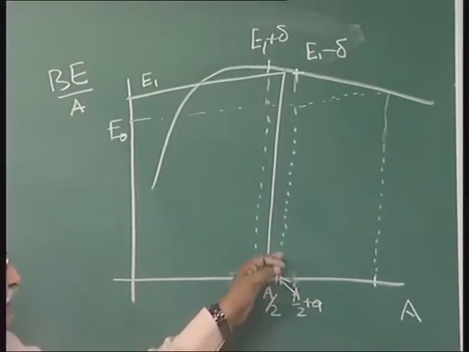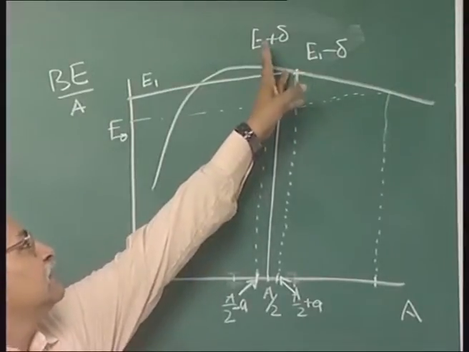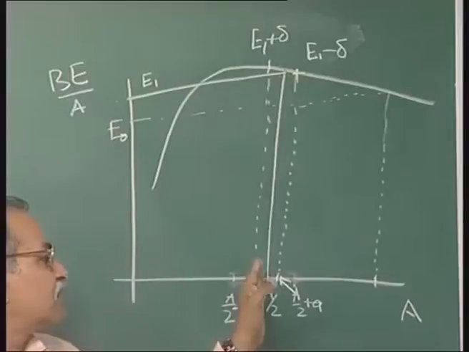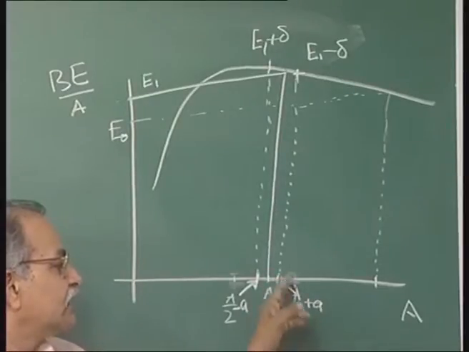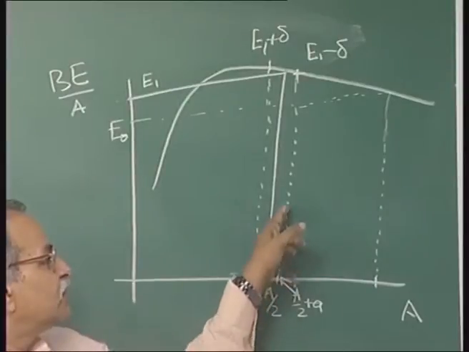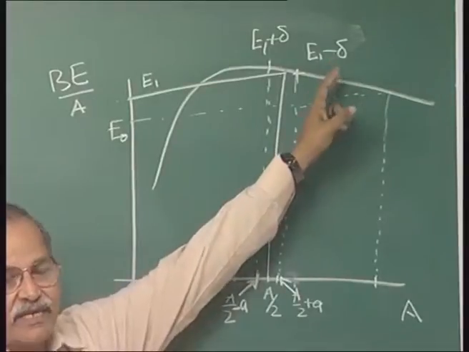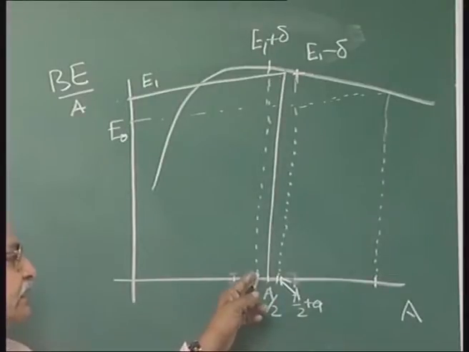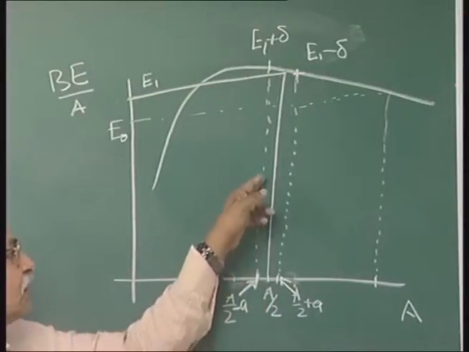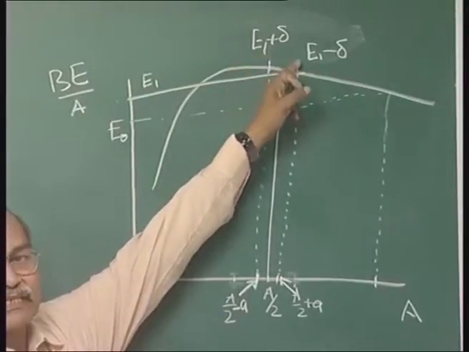At A by 2, I take the binding energy per nucleon to be this E1, okay. And then for the fragment with slightly larger A value, that is A by 2 plus small a, the binding energy per nucleon value will be smaller than E1, that I am writing E1 minus delta, and for the fragment with mass number A by 2 minus a, that is here, the binding energy per nucleon value will be slightly more than E1. So, that I am writing E1 plus delta.